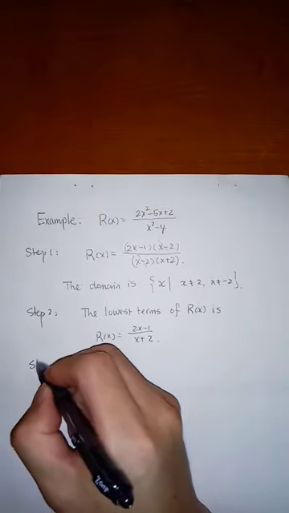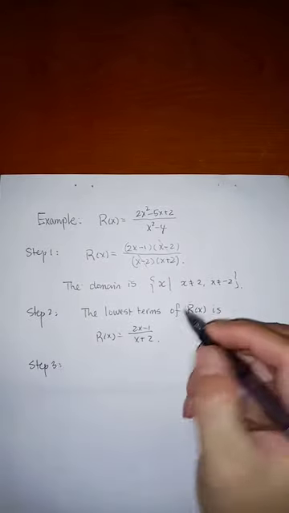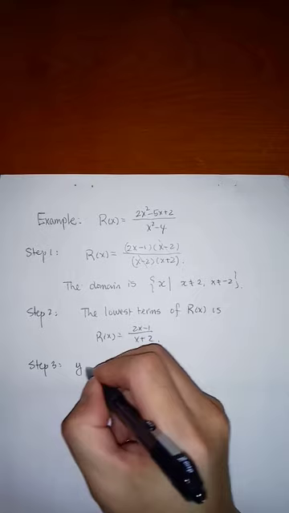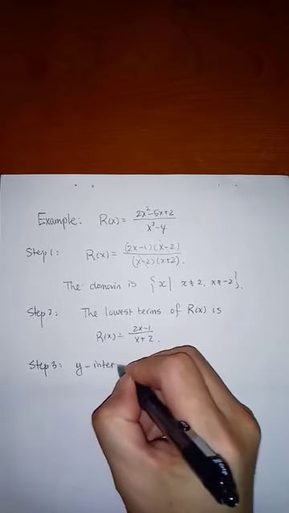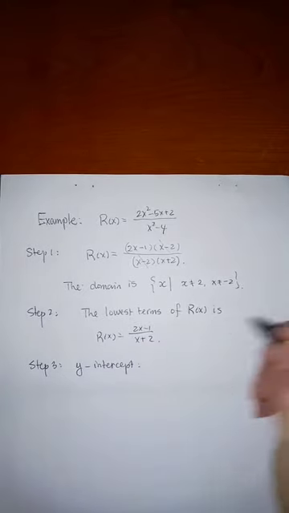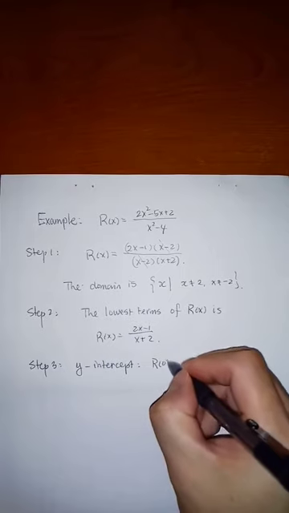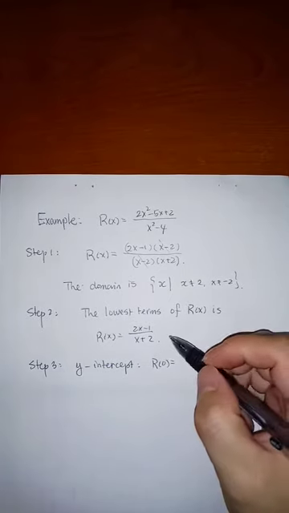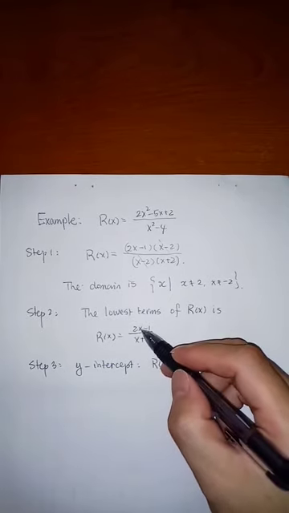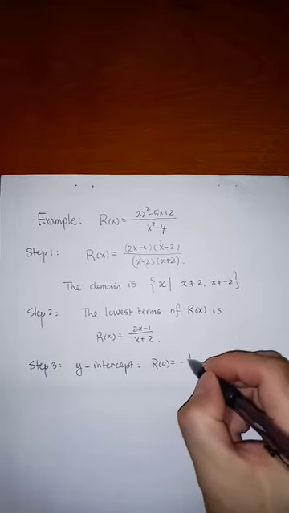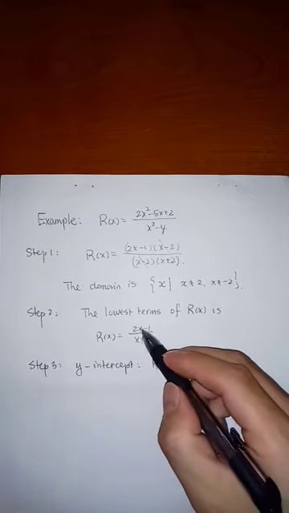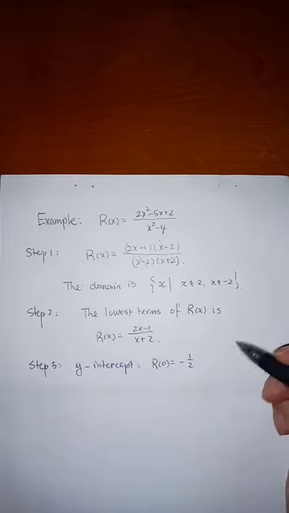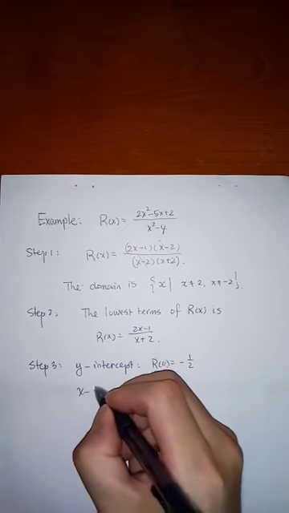Then step 3, we look for intercepts. Y-intercept: r of 0, you let x be 0. Then 0 minus 1 over 0 plus 2 is negative 1 half.